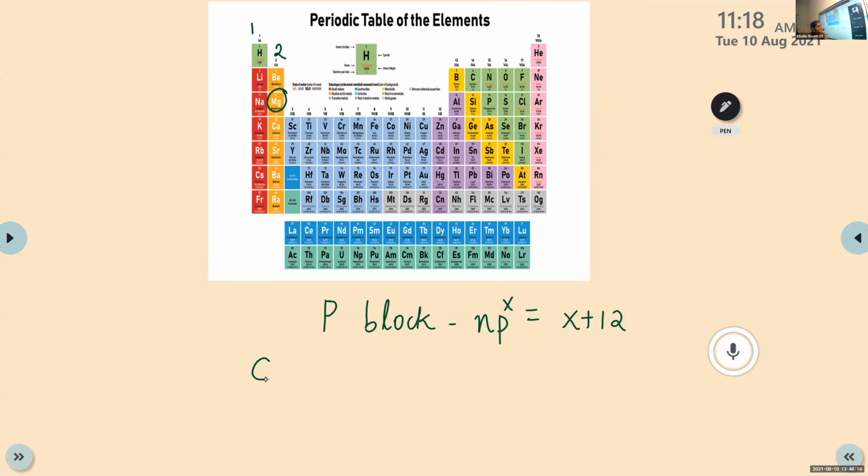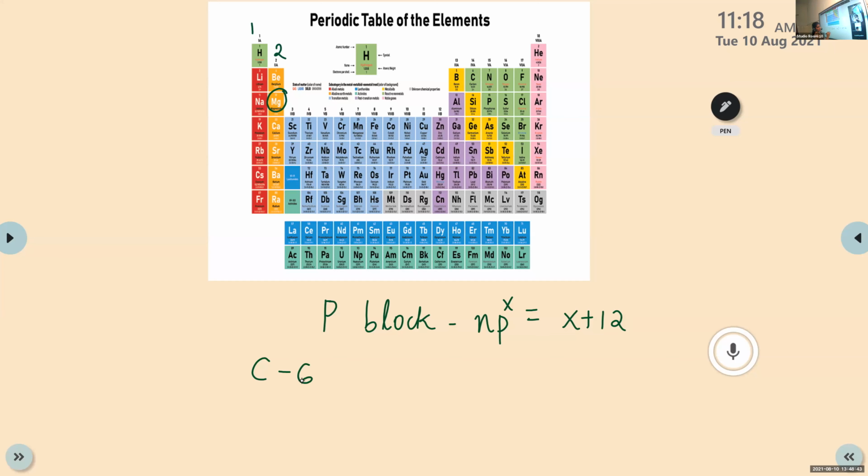That's the mass number, right? Just look at the periodic table and tell me. Hydrogen is 1, helium is 2, lithium is 3. Yes, it's 6.